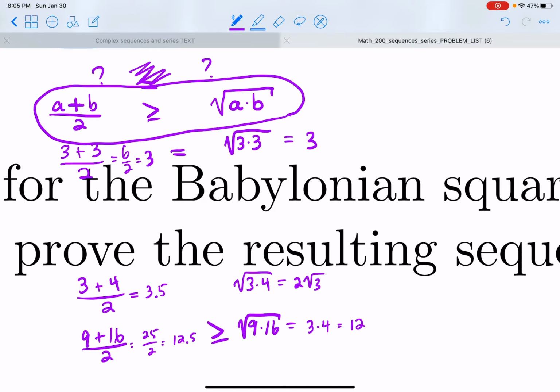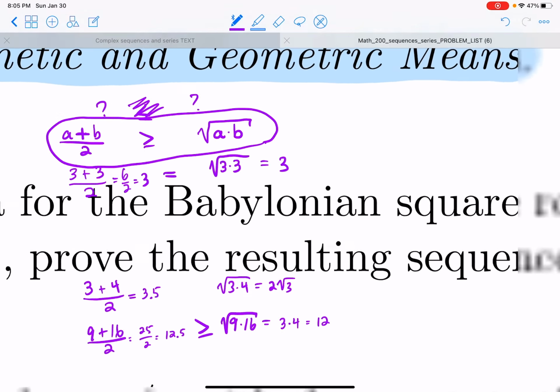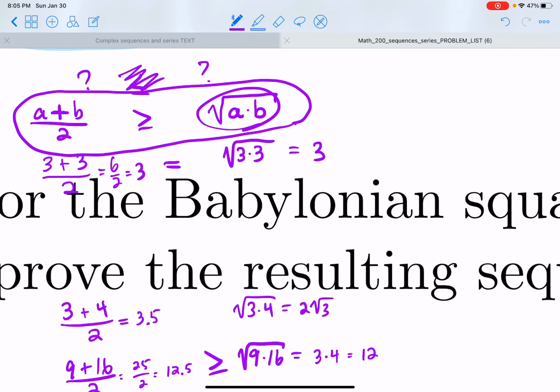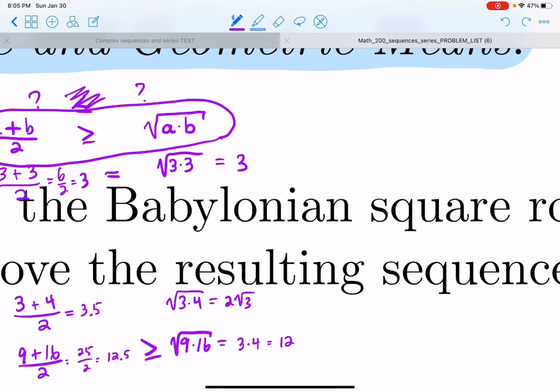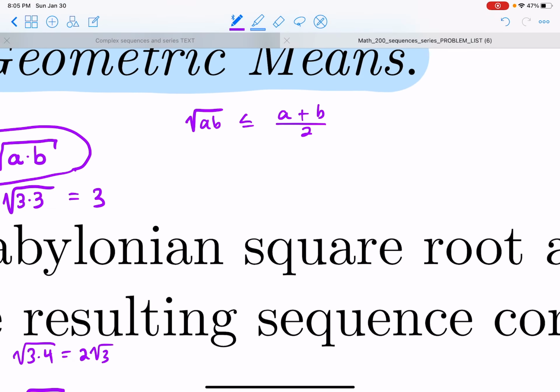Okay, so now let's prove this. So now that we've made our discovery, let's try to prove it. The key to this proof will be getting rid of the square root. How do you get rid of a square root? Well, you square everything. And so in particular, we'll start with, okay, here's the inequality. Now let's square everything. ab is less than or equal to a squared plus 2ab plus b squared divided by 4.